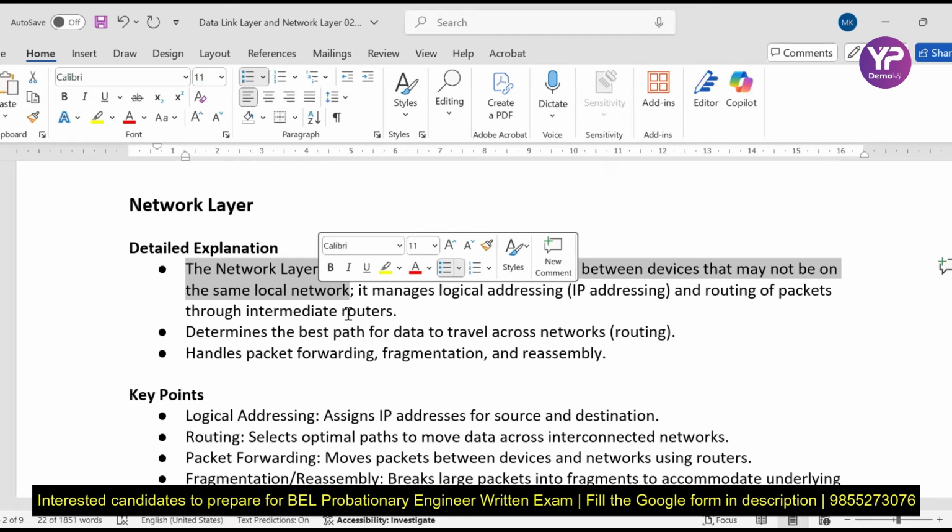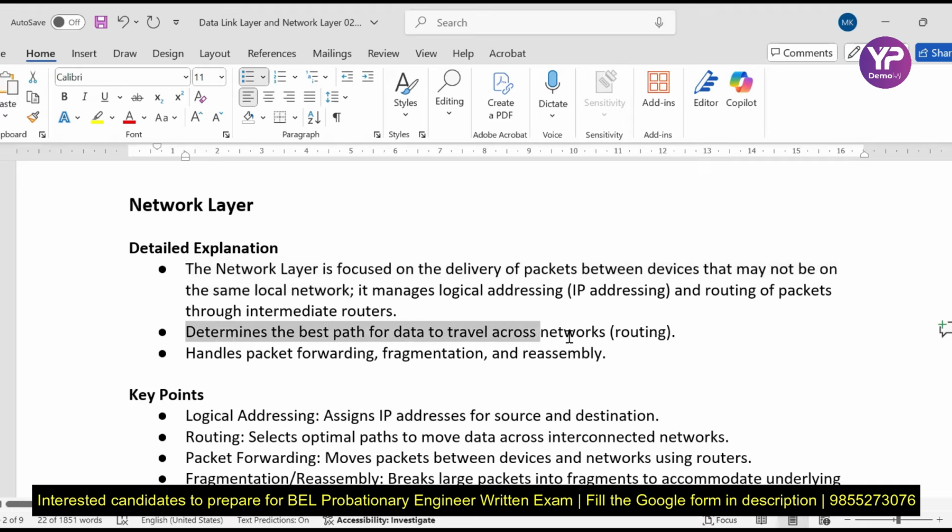What is the functionality of bridge and switch? Router functionality is over the network. Fine. Connect the devices over the network. It determines the best path for data to travel across the network.